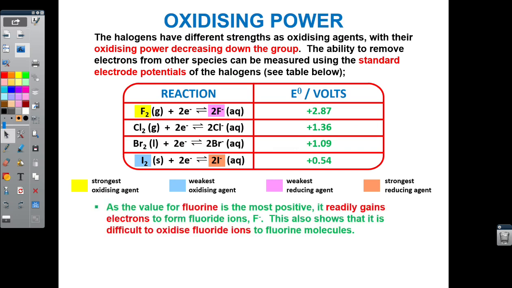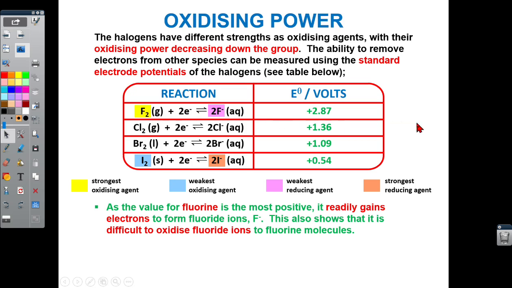So, to summarize then, as the value for fluorine is the most positive, it readily gains electrons to form fluoride ions. This shows that it is difficult to oxidize those fluoride ions. Remember, if we're coming back towards the left-hand side, that would be the fluoride being oxidized itself to fluorine.